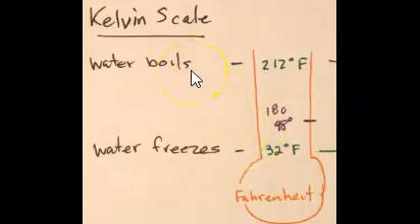And we know that it boils at the same conditions, okay? So we just assume that water boils under the same conditions. And Fahrenheit decided to call that 212. So now there's 180 spaces or degrees or graduations or calibrations between when water freezes and when water boils.